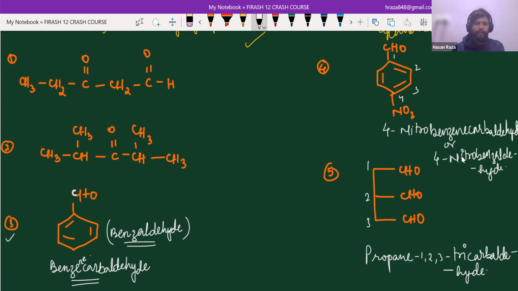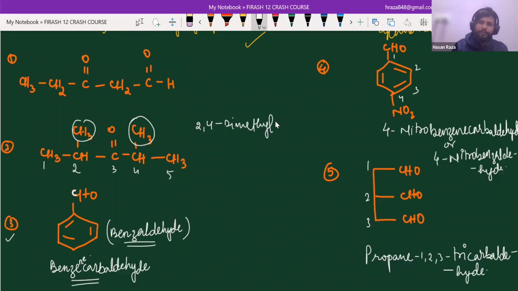Yeah. If you're going to number it from anywhere, it will be the same, 1, 2, 3, 4, 5, and you can see 2 methyl groups are there. So it will be 2,4-dimethyl. How many carbon in the parent chain? 5. So pent, in 3-one. Can you do the first one?